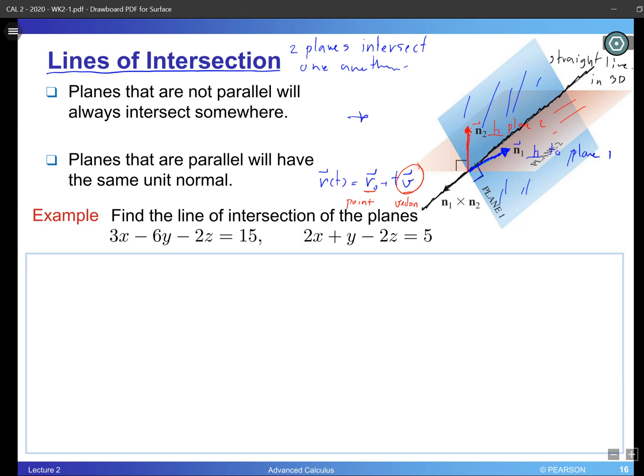Once you have these two vectors, you perform the cross product between them.